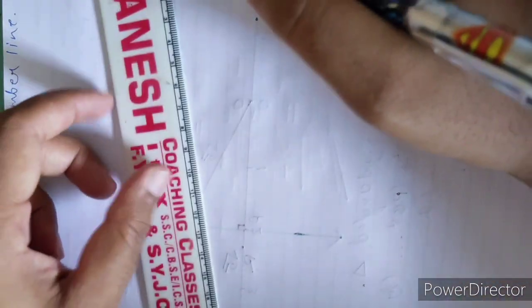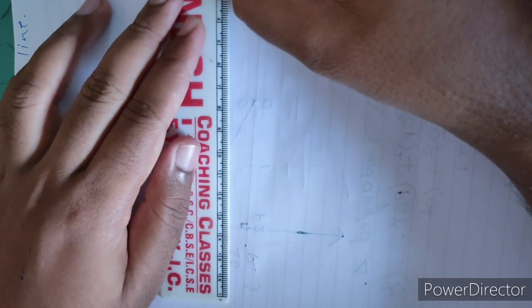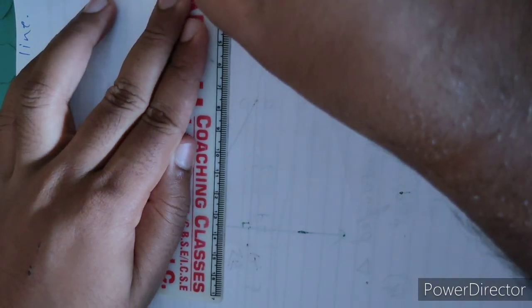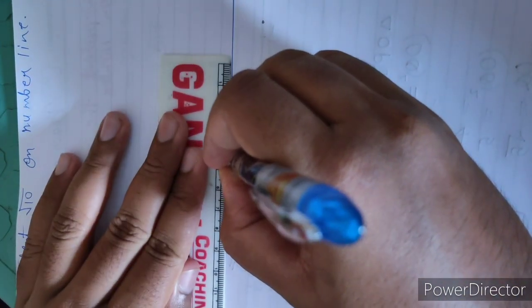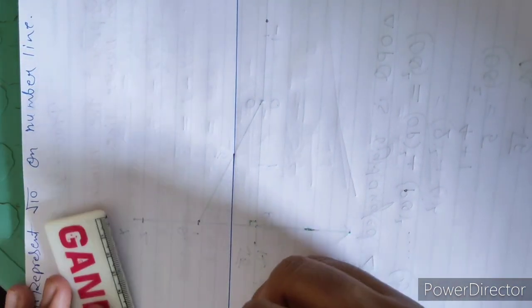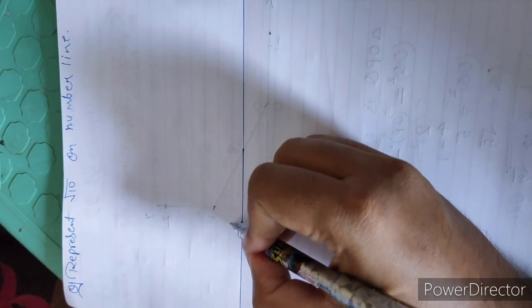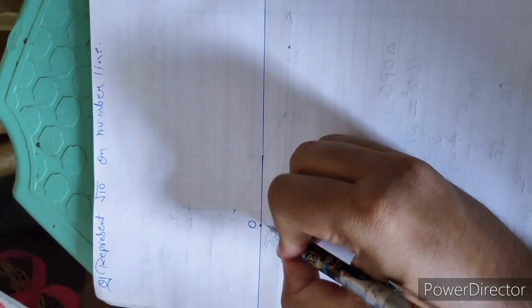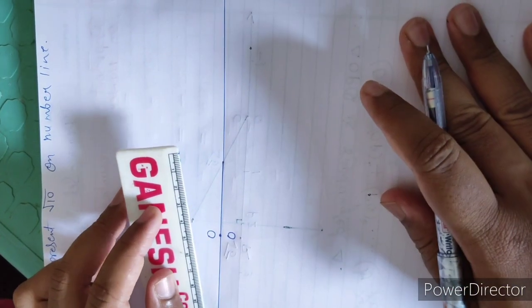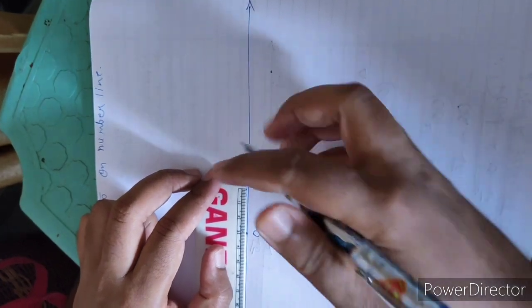So first of all we will make a number line, in which we will take point 0 and denote it by O. Same as before, at a distance of 3 centimeter we will put a point.